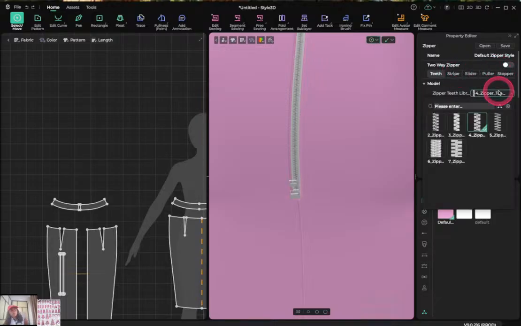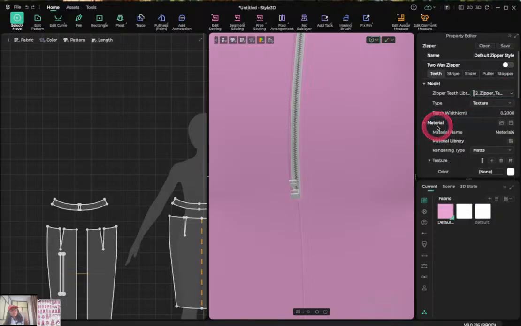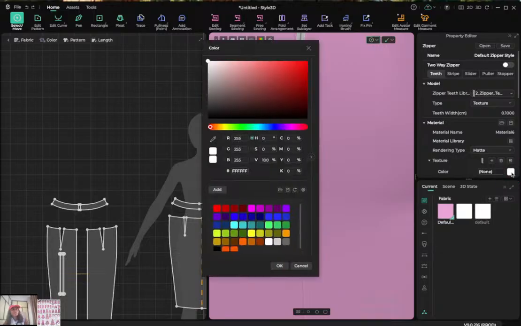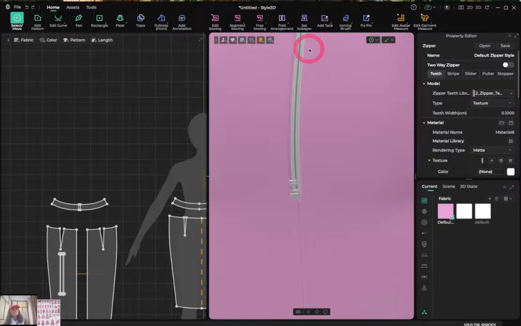So the type of teeth, let's do 2, a smaller zipper, we don't need a big zipper. Zipper teeth 0.1, very small, color pink, no, silver is fine.